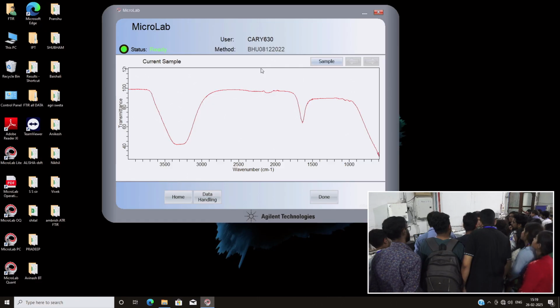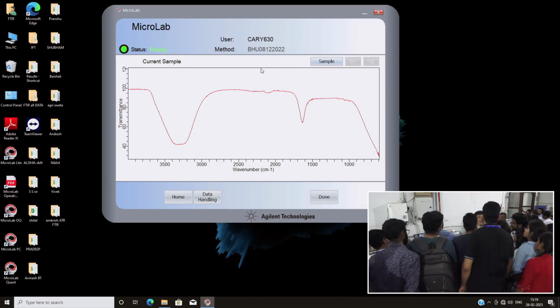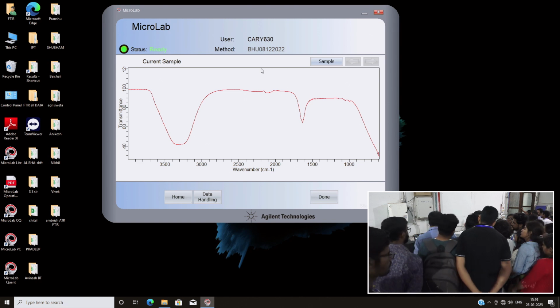H2O is a 3-atomic molecule, so 3n minus 6, we expect 3 vibration modes. But in the liquid phase, H2O is different from the gas phase. They form hydrogen bonding, so they cannot be isolated from each other anymore.